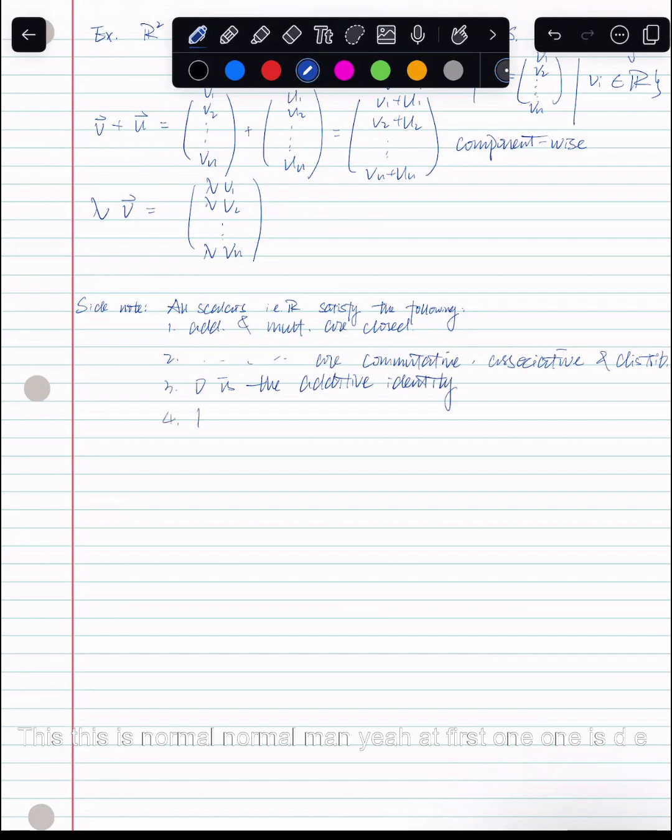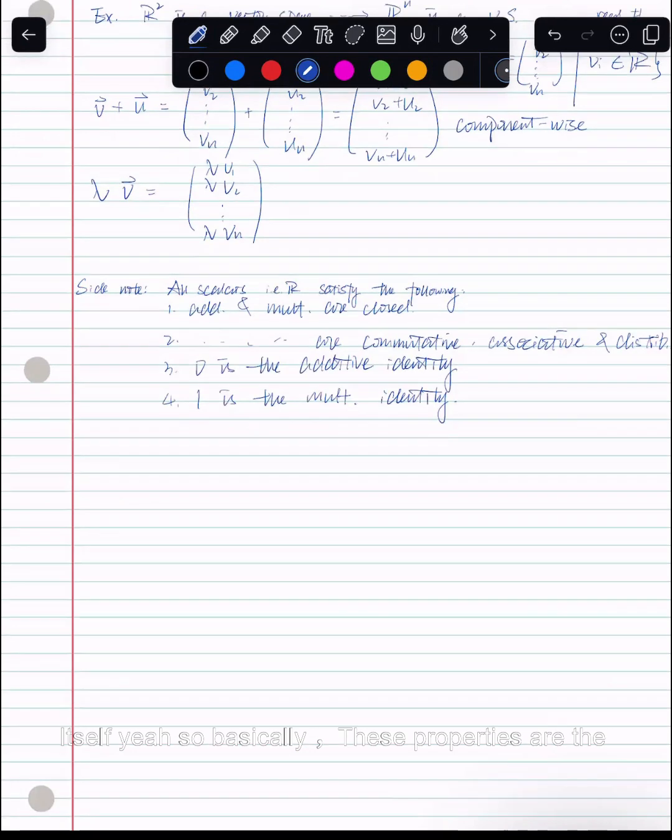And fourth one is the multiplicative identity. It means any number plus 0 equals that number itself, and any number multiplied by 1 is that number itself.